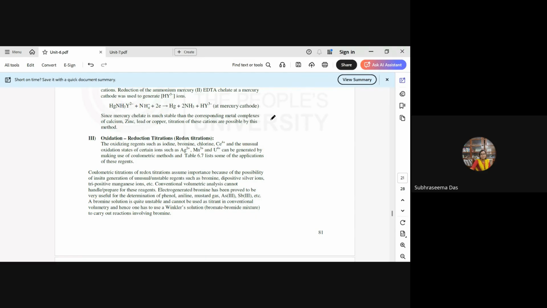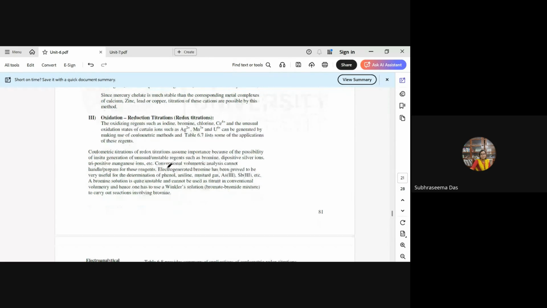Coming to oxidation reduction titrations, that is redox titrations, oxidizing reagents such as iodine, bromine, chlorine and Ce4+, and unusual oxidation states such as Ag2+, Mn3+ and U4+ can be generated by making use of different coulometric titrations.